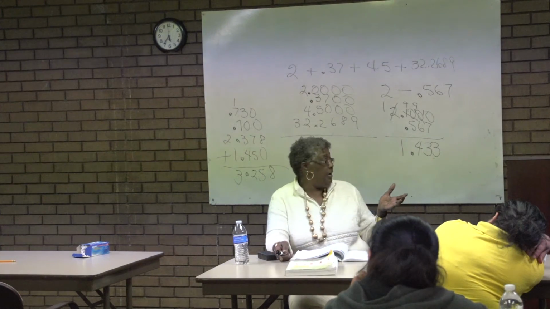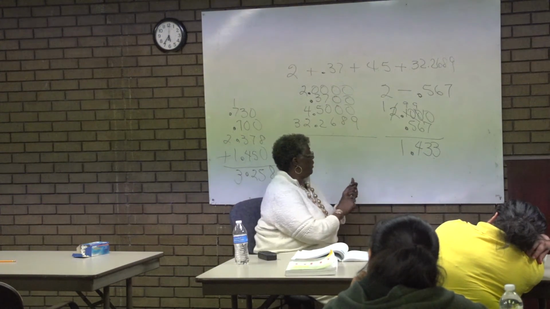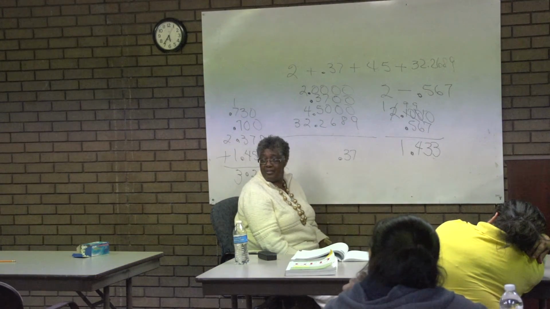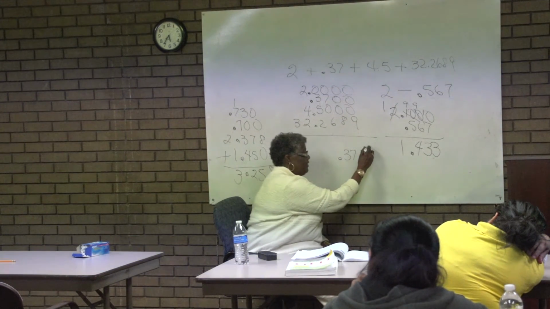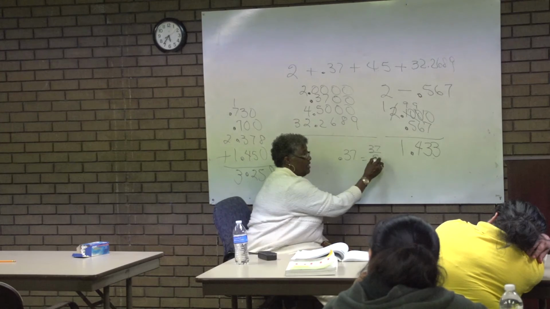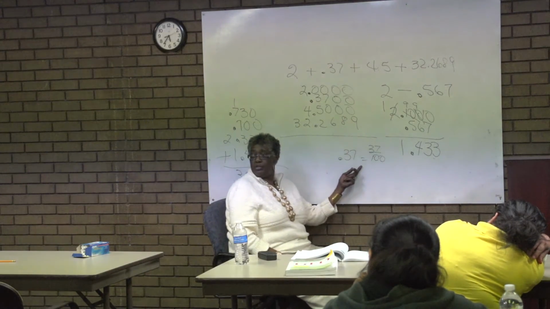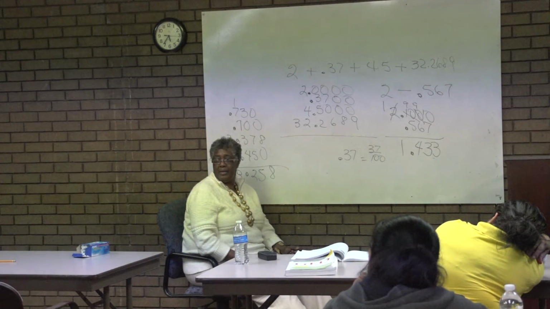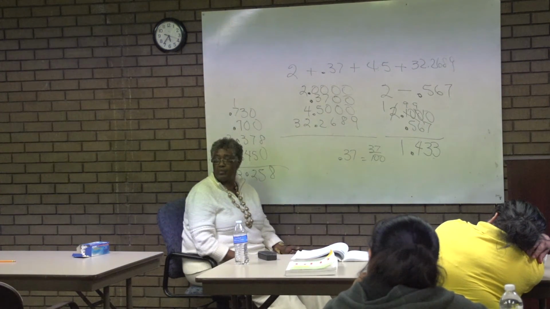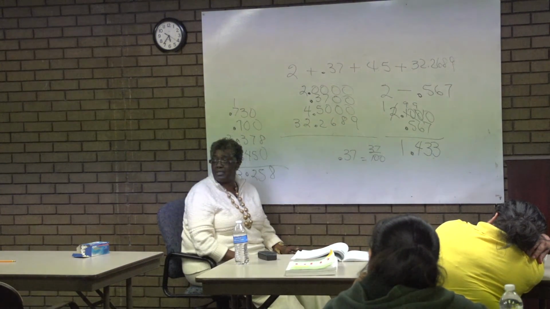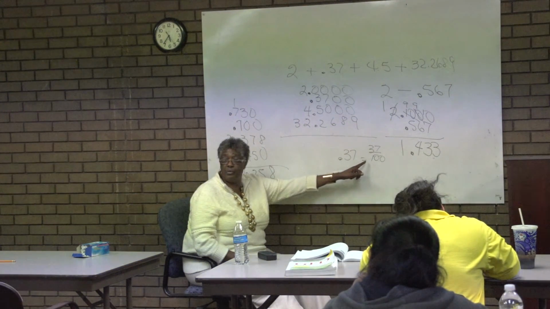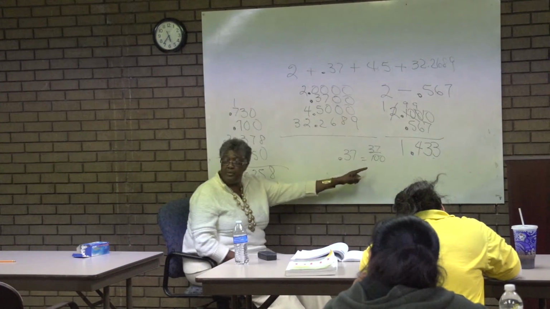Well, if you read the decimal 0.37 as 37 hundredths, that's what you write. 37 hundredths. That's how you change a decimal to a fraction. You read it and write it, and then reduce it. Because with fractions, the answer always has to be reduced. If there was a number that would go into 37 and into 100 evenly, we'd have to reduce it.